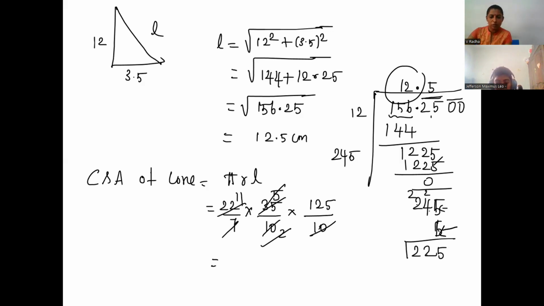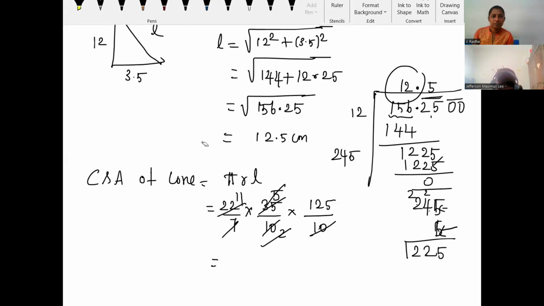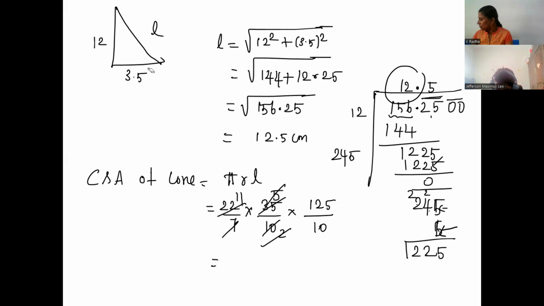Multiply 11 into 125 and let's see. Okay, ma'am. 11 times 125. Ma'am, 1375. 1375?